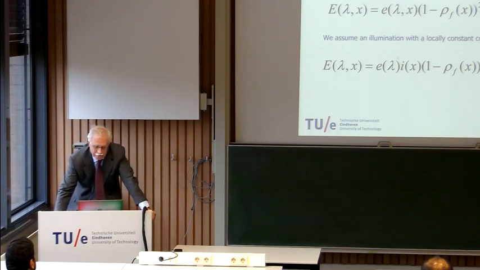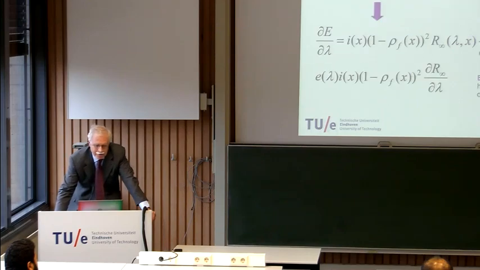What does it mean? That it is separable. So I can say it doesn't matter this E on x, it is just E of lambda times I of x, and then we have the geometry and the reflection. So if I separate it, I get this top formula. How can I make that more or less invariant? Well, the trick is take a derivative.